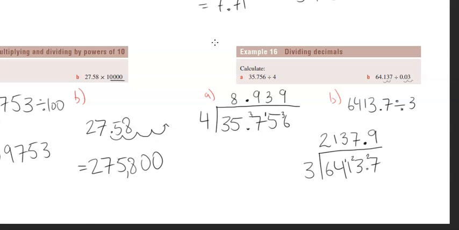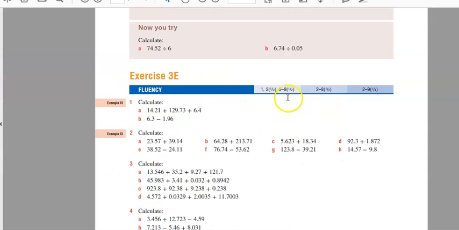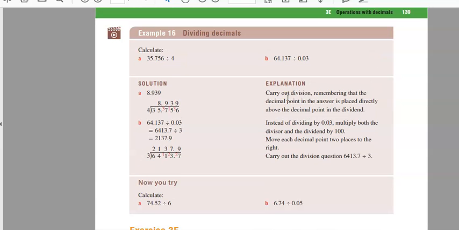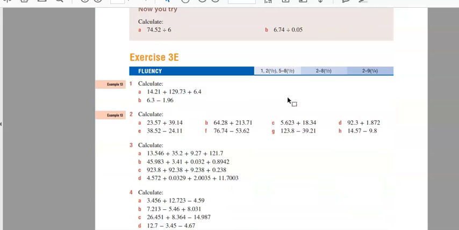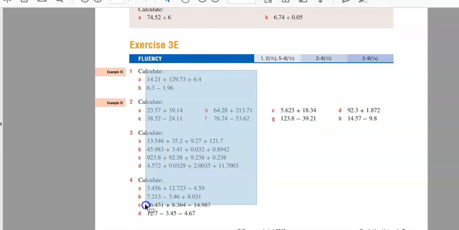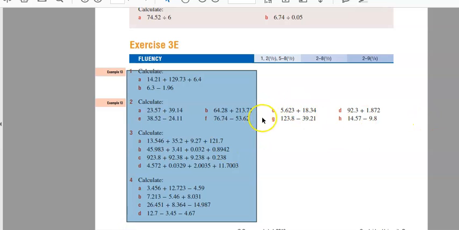What questions do we need to do? So here's the textbook. This is for exercise 3E, so page 139. And what questions we're attempting is over here, 1, 2, 3, and 4. Don't worry about the right hand columns for question 2.